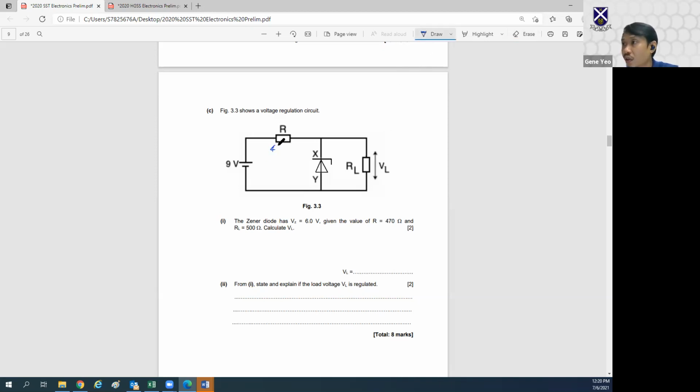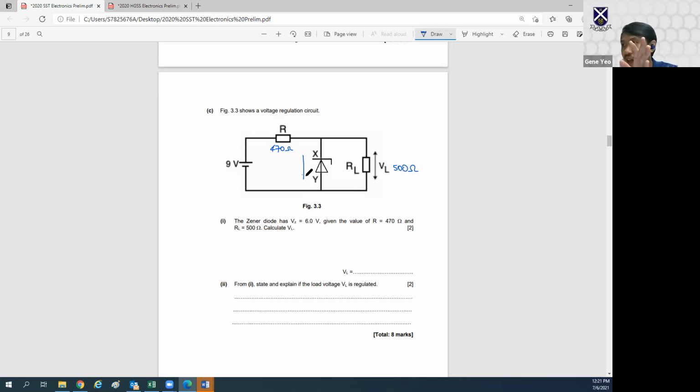This is 470 ohms, and the load resistor is 500 ohm. Calculate VL. Some of you will be going, wait a minute, why is there a need to calculate?